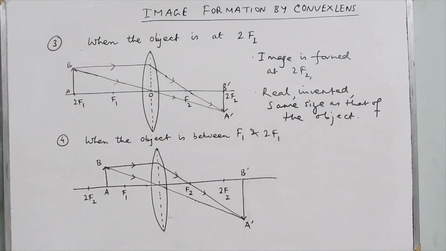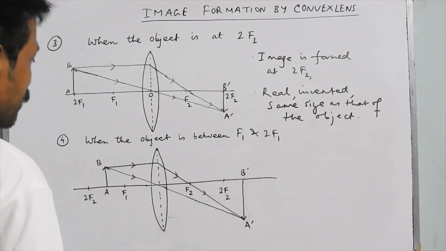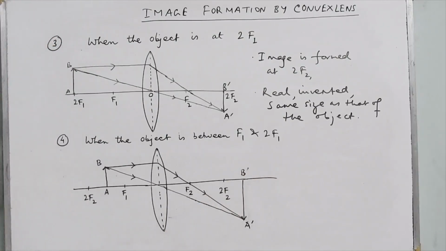The next application is if the object is placed between f1 and 2f1. If the object is placed between f1 and 2f1 on one side of the lens, then you will get an image which is beyond 2f2, and in this case the image will be a bit magnified. It will be real, it will be inverted, and it will be a bit magnified.